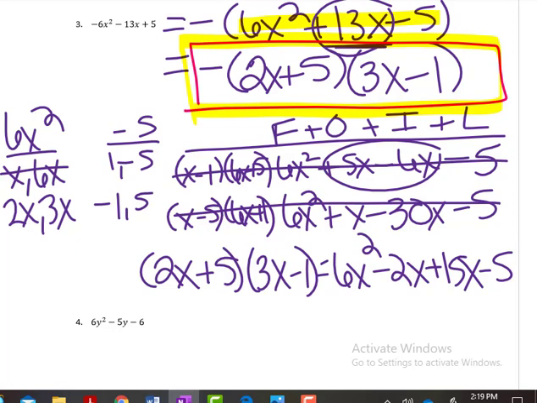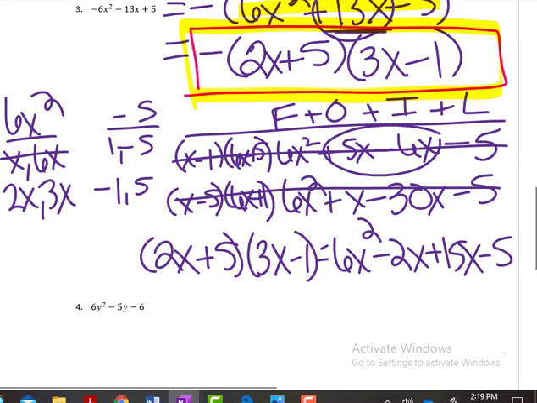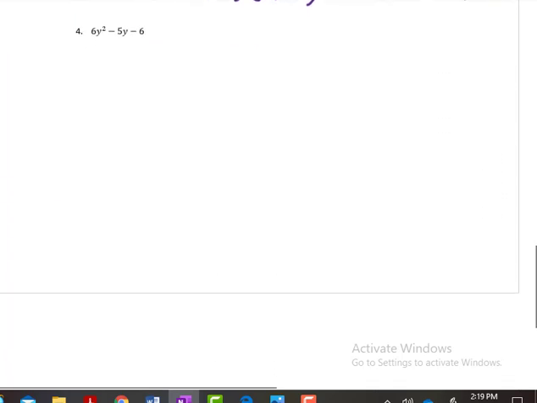All right, number 4. 6y squared minus 5y minus 6. All right, so there it is in descending order. There is no greatest common factor to take out.